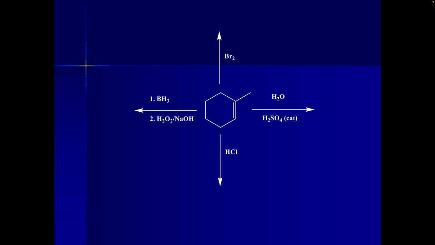That's the same thing as that, right? Do I end up with the same thing? I don't, right? It's exactly the opposite. So I get that. This is a Markovnikov alcohol. This is an anti-Markovnikov alcohol.